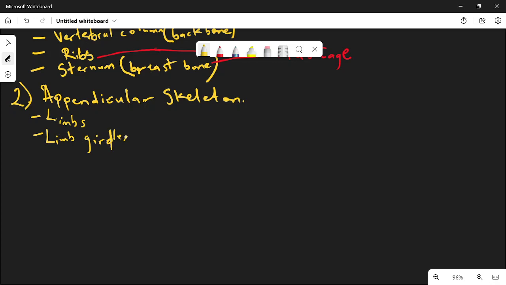We have the limbs and the limb girdles. These limb girdles are divided into two. We have the pectoral girdle. We also have the pelvic girdle.